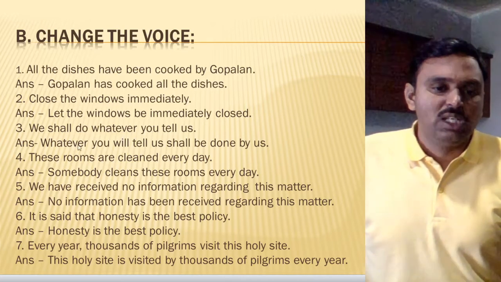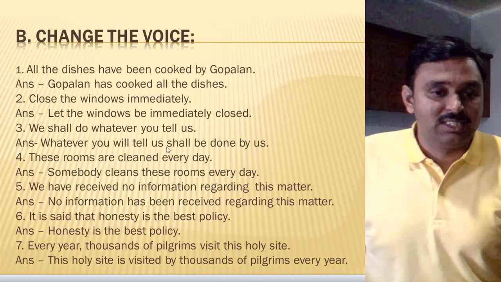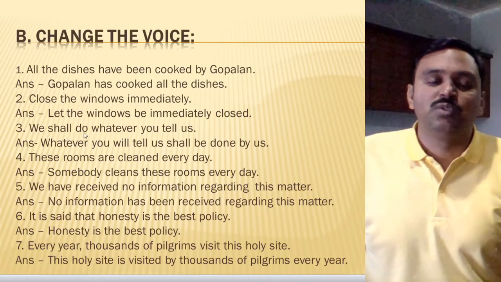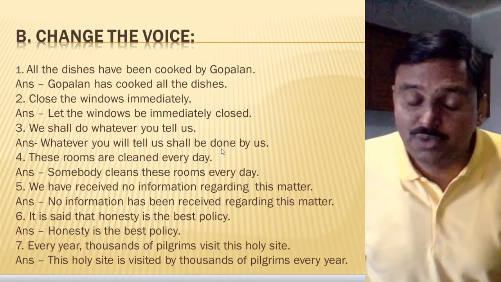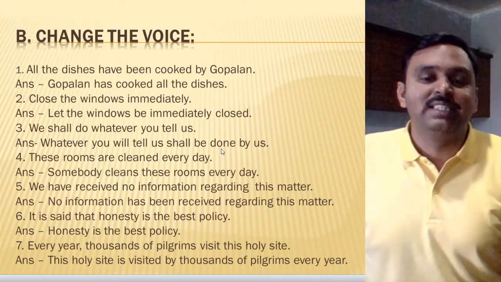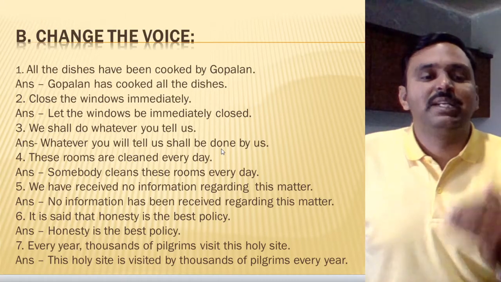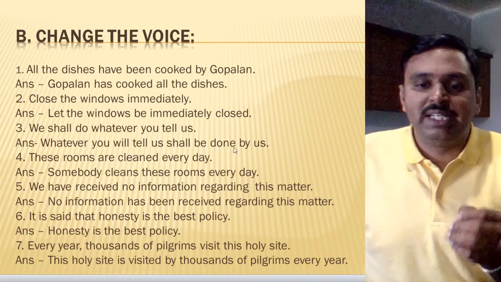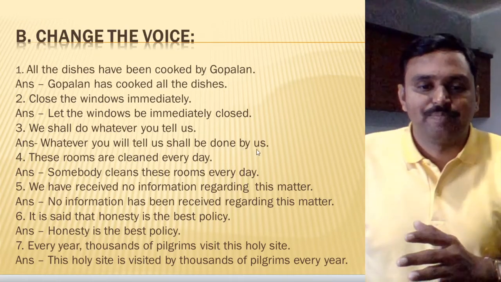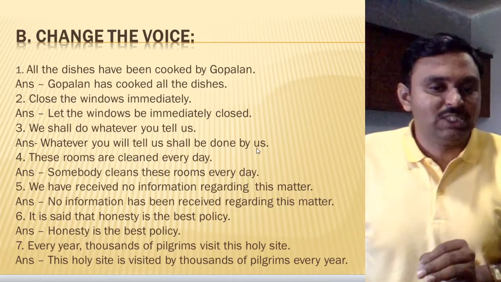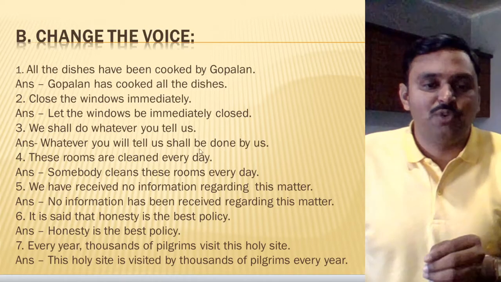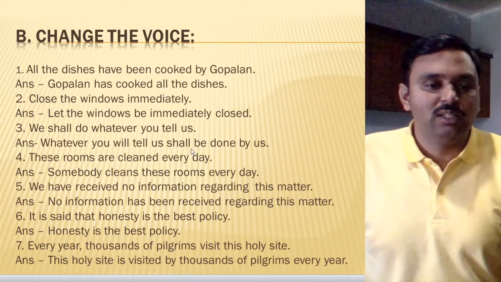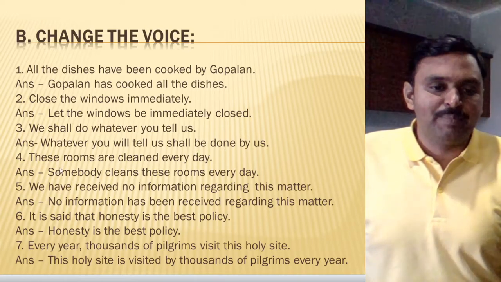So whatever you tell us shall be done. Do was the verb here. We make the V3 form of do, that is done. So we'll write shall be done: whatever you tell us shall be done by us. So that is the point we make in the passive voice, shall be done, V3 form plus to be form here. Look at the next, 4th example.